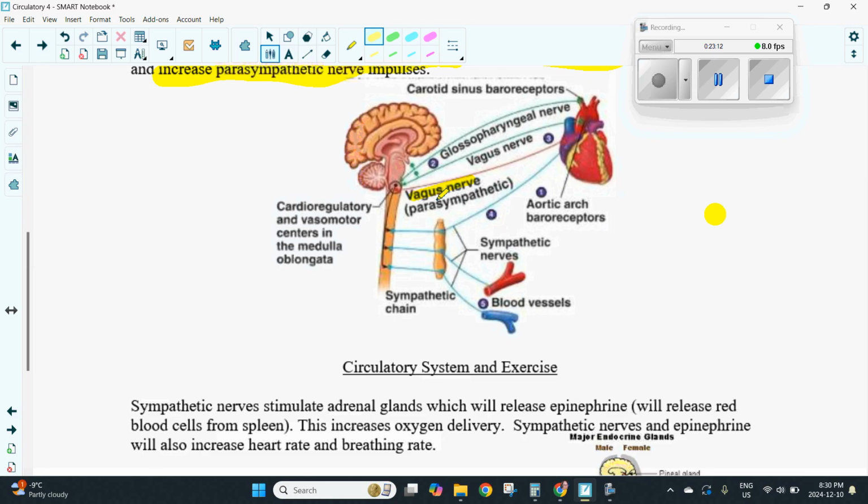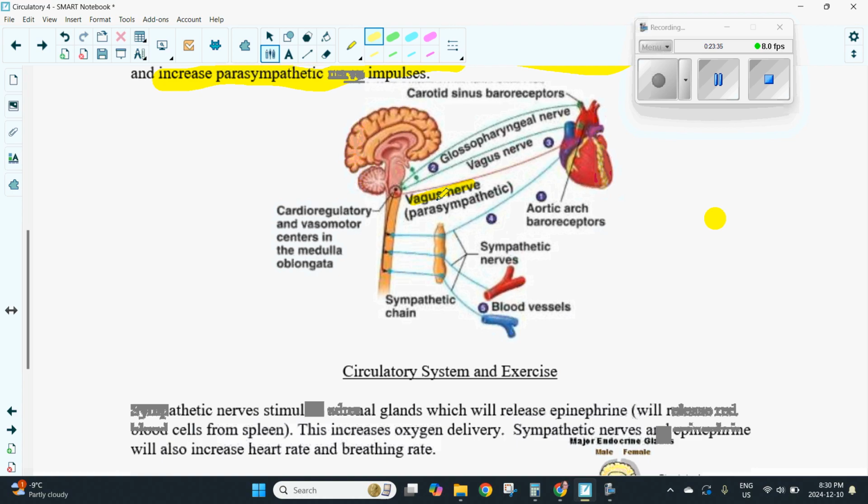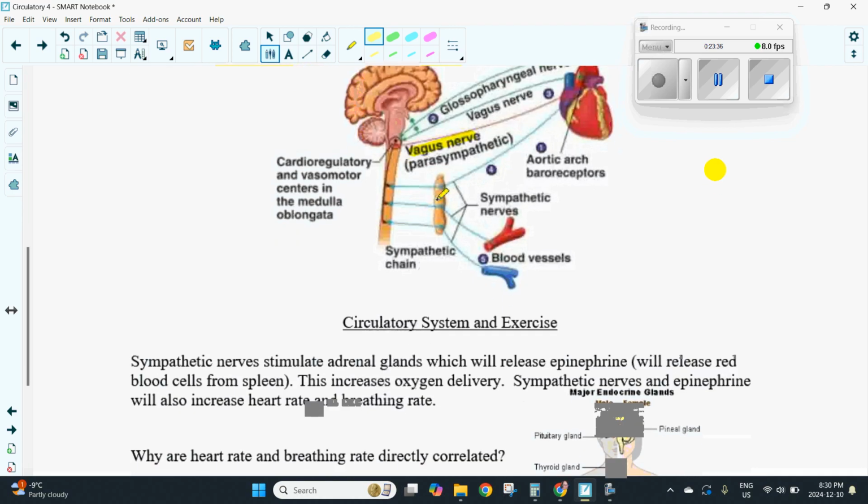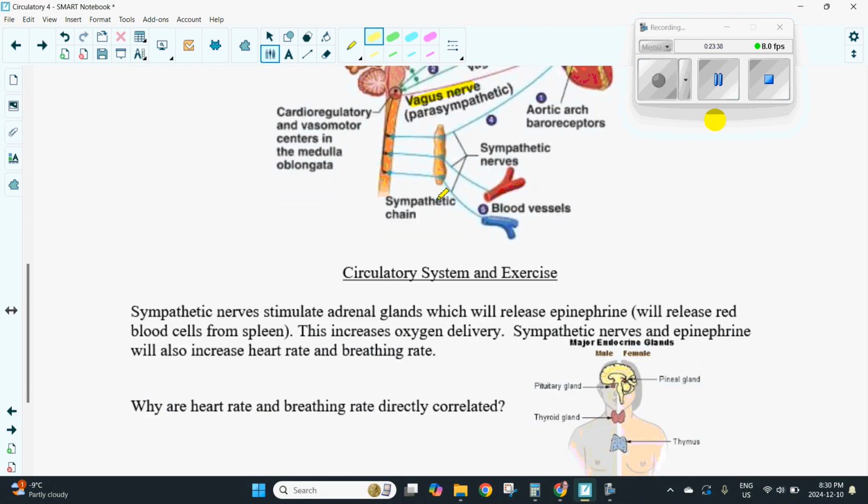If you put your hand on the back of your neck, that's really where your vagus nerve is, and that's far from your heart in comparison to if you take your hand, if you're flexible enough, to put it between your shoulder blades. Well, between your shoulder blades is where your sympathetic nerves are actually coming from. So that's a lot closer to the heart, so it will send that response a lot quicker.